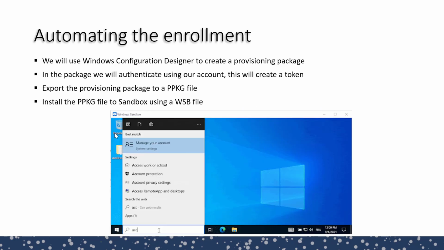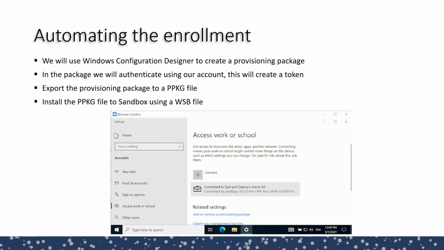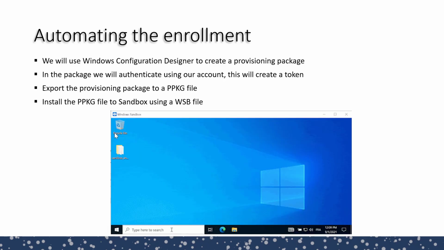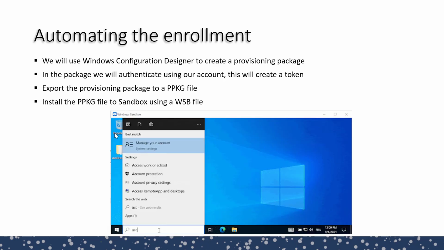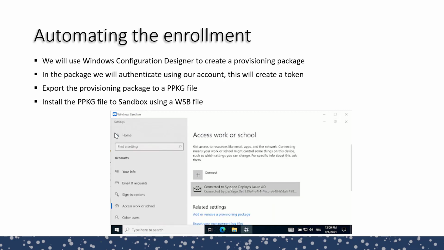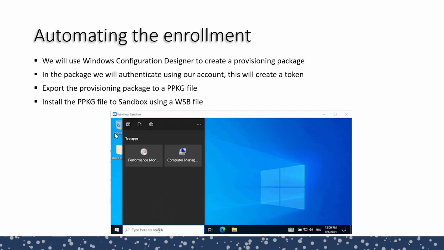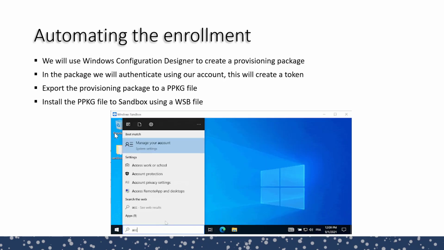And you can also automate the enrollment. How? We will use the Windows Configuration Designer to create a provisioning package. In this package, we'll authenticate using an account. This will create a token. The last step is to export the provisioning package to a ppkg file.